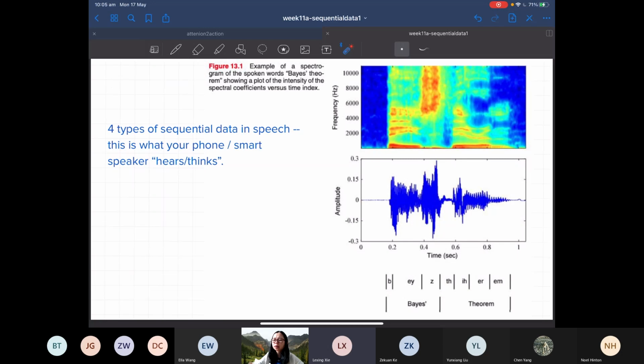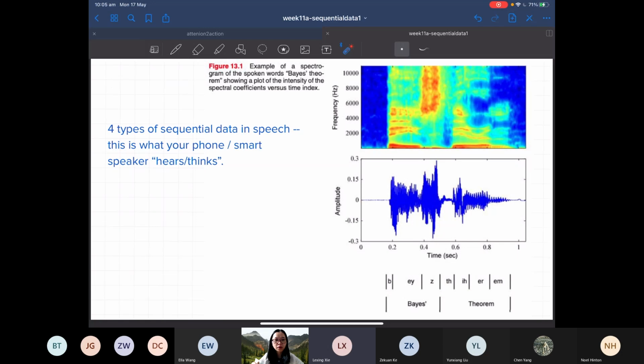So what's being said is Bayes' theorem, right? As we can see, in this vowel part, Bayes, we can see clear frequency structures. Basically, there is what's called the first fundamental frequency and higher frequencies. And then the unvoiced parts are essentially friction in our vocal cord, and they show up like this.